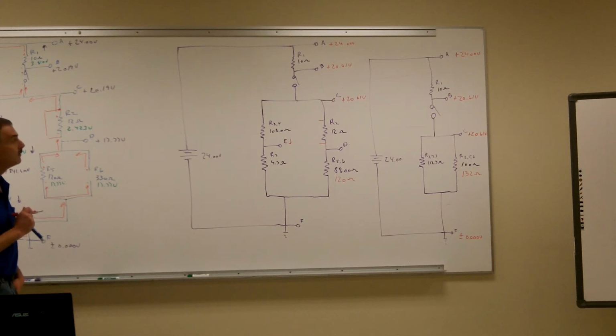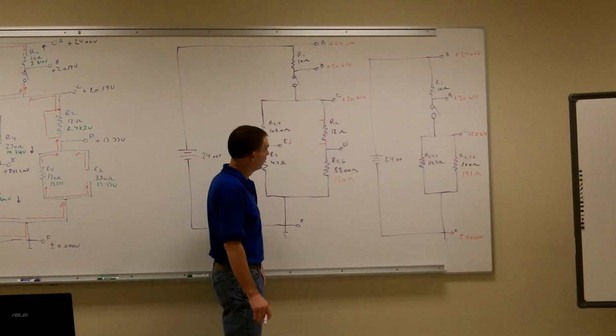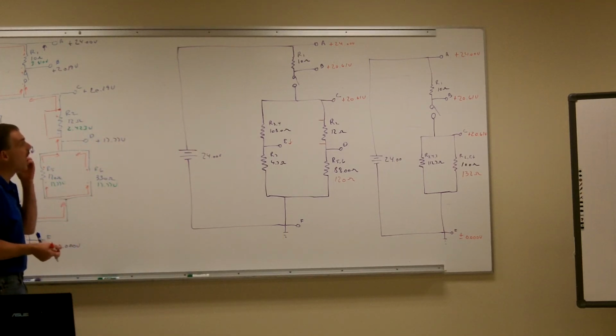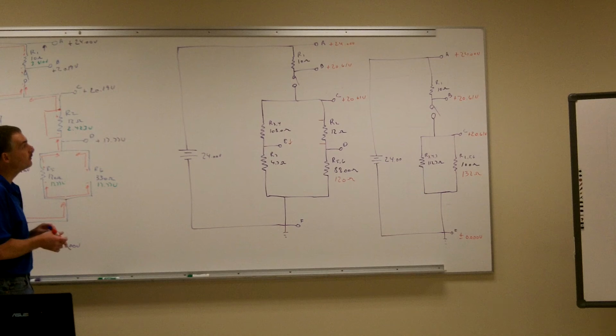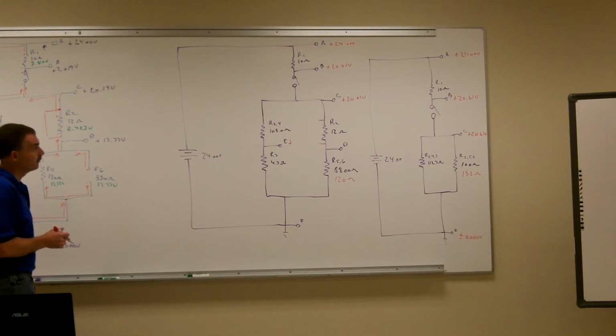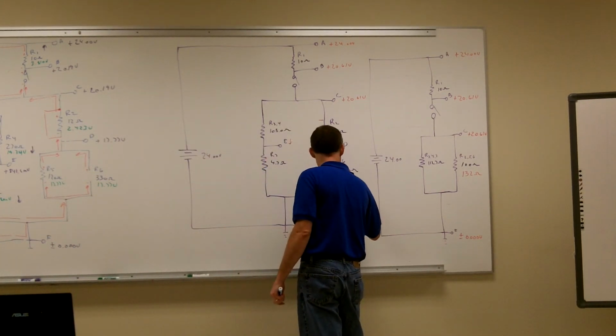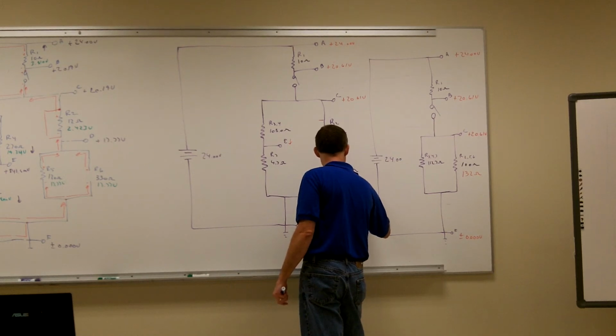So that's my new voltage across R2 and R5 and 6. R5 and 6, 18.74 volts, all right?